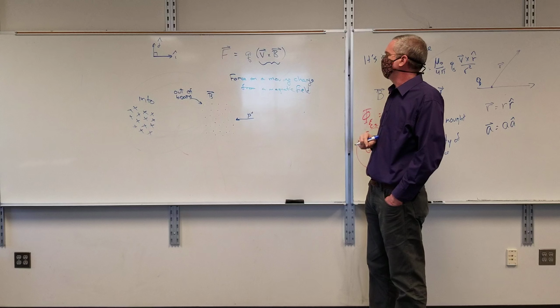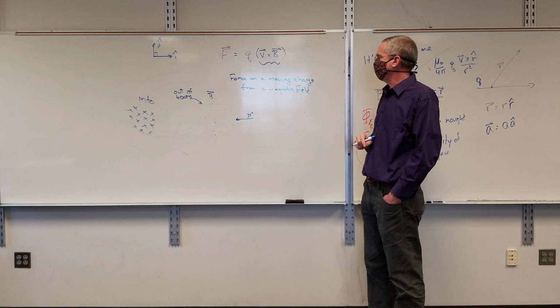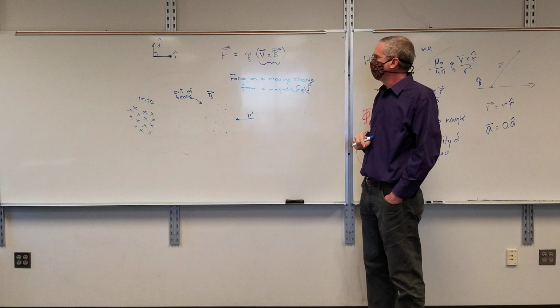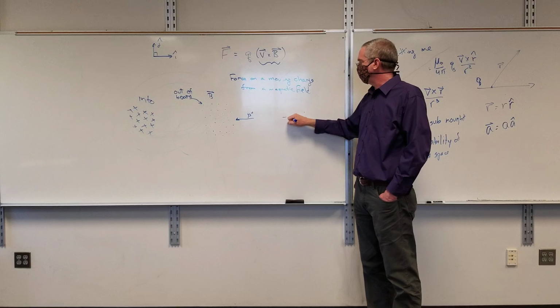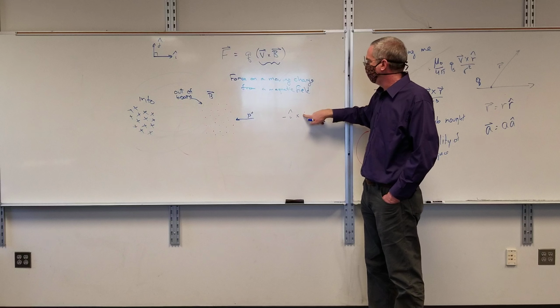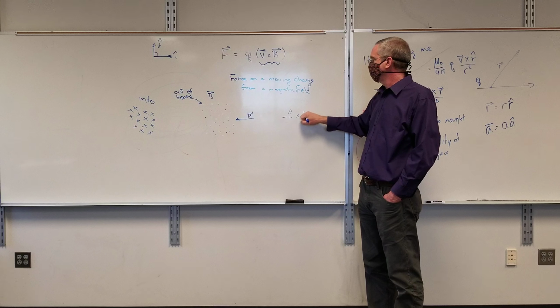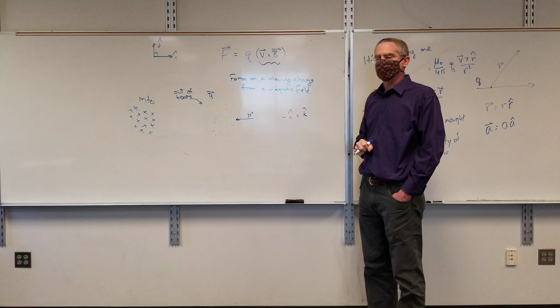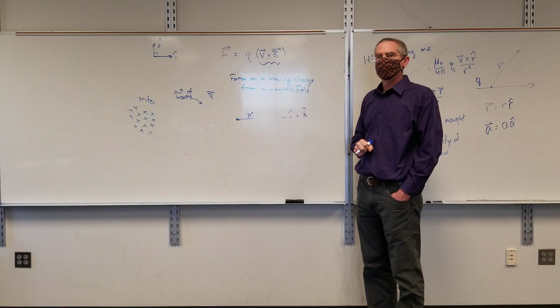I cross J is K. I agree with that, but what's the direction of the proton? The proton's moving in the negative I hat direction. Negative I hat cross positive K hat. What is negative I hat cross K hat?